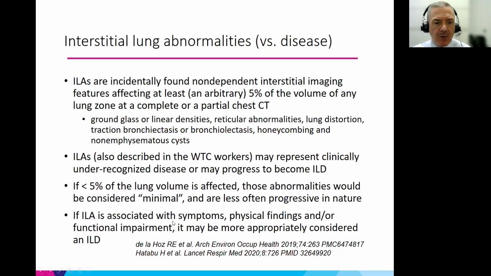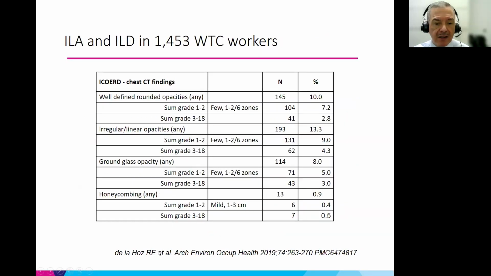When it is less than 5% of the lung volume, they are considered minimal and they are less often progressive in nature. And I have here some findings from a series of about 1,450 workers that had chest CT imaging, just to mention that issues like irregular linear opacities were found in about 13%, ground glass in about 8%, honeycombing in close to 1%.